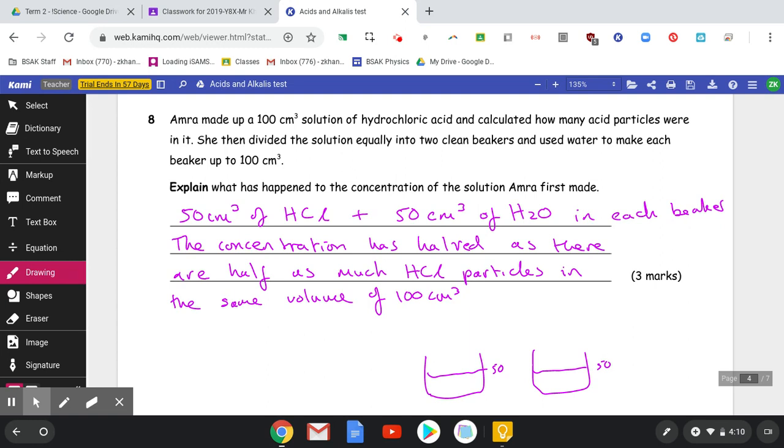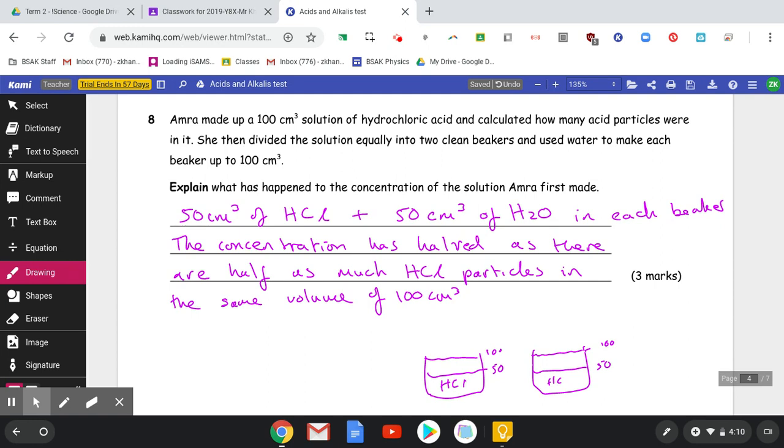So that means there's 50 centimeters cubed of hydrochloric acid in each beaker, and then they add in water to make the solution to 100 centimeters cubed.